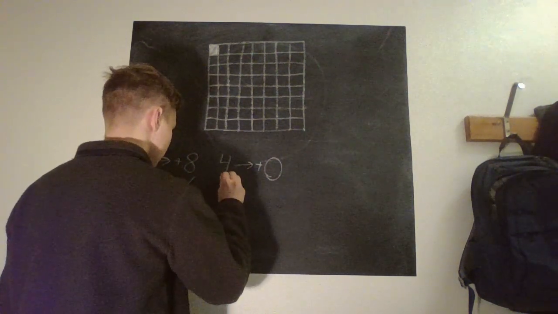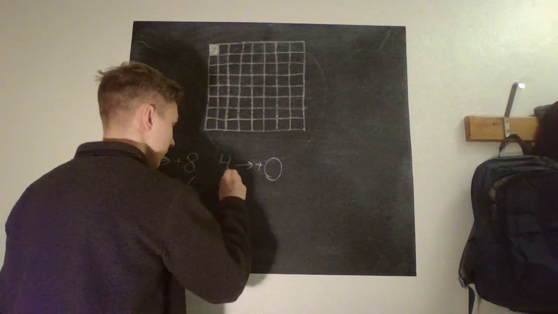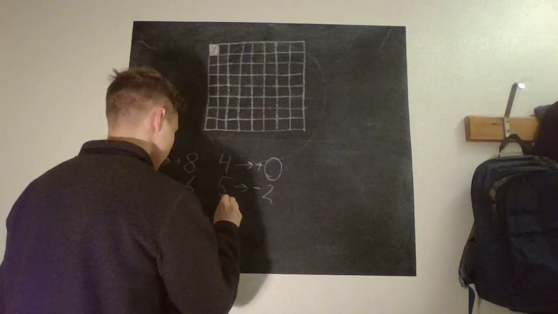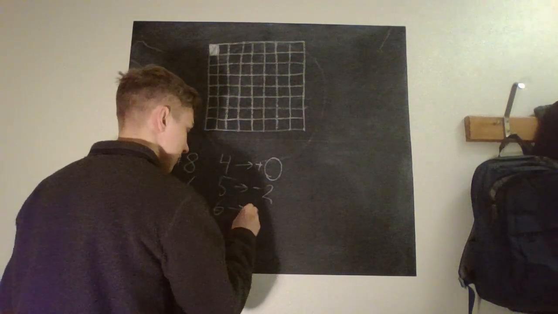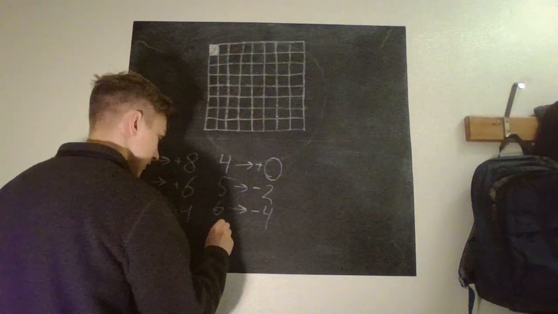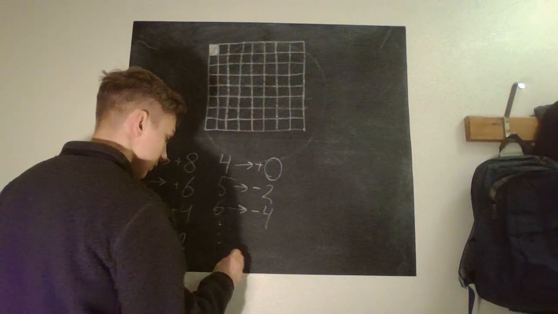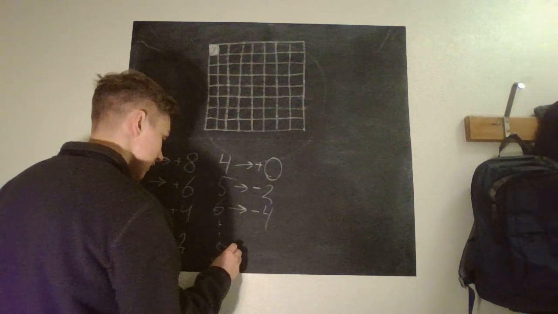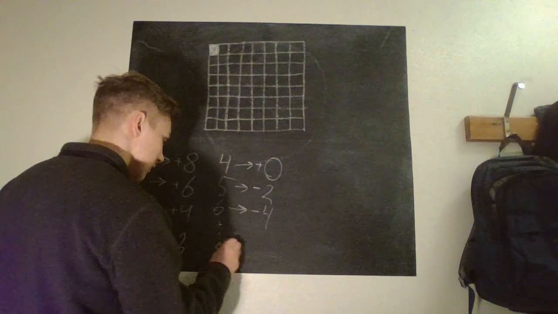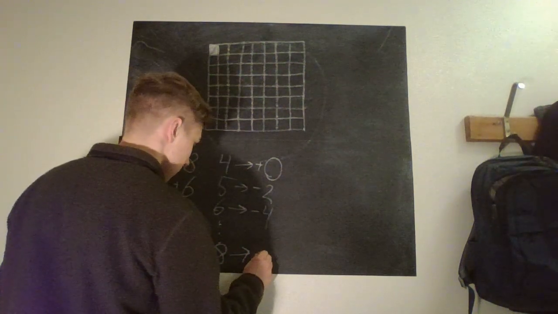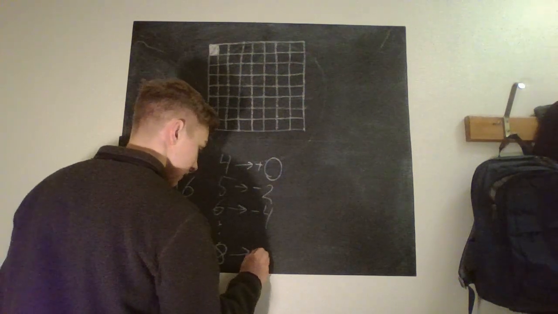And then 5 gives minus 2, and 6 gives minus 4. You understand what 7 is, minus 6, and then 8 leads to minus 8.